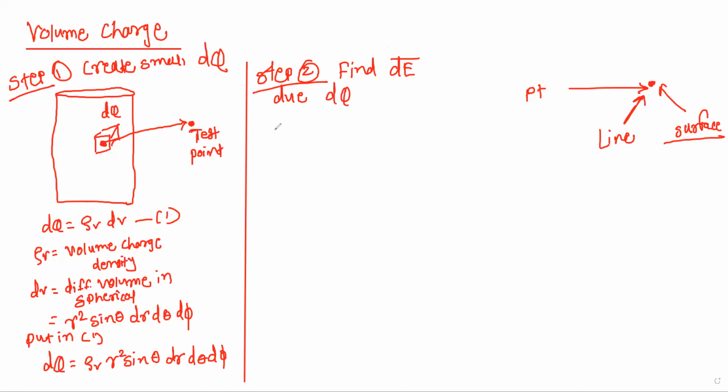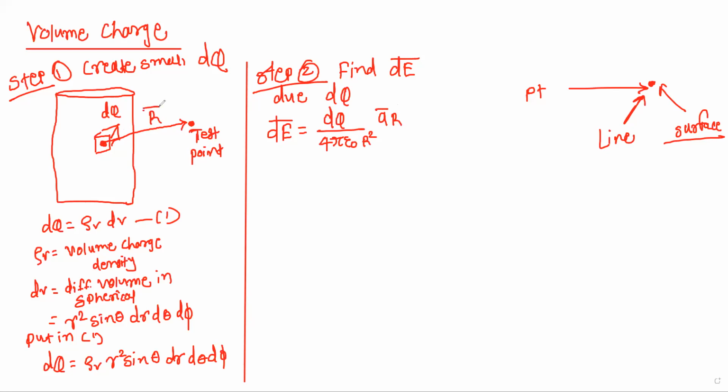So this dE bar is equal to dq upon 4 pi epsilon naught r square a bar r. Right? So this is nothing but r, the vector r bar.